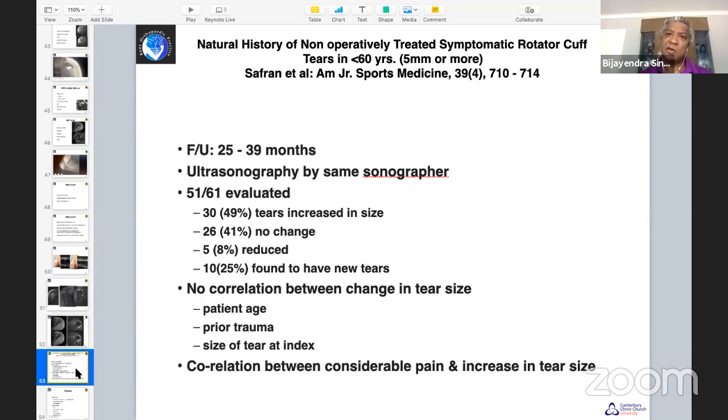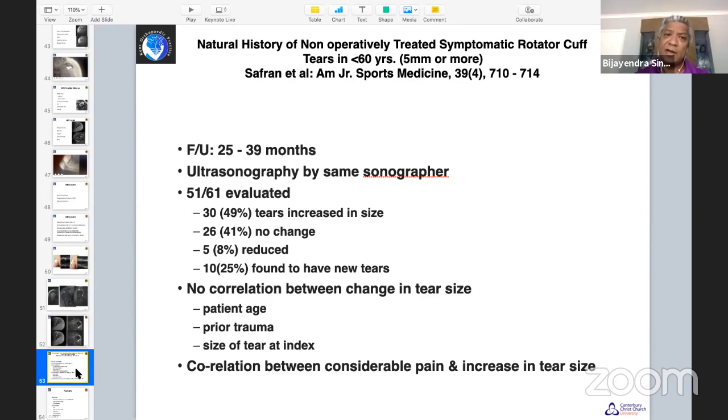It's quite important to differentiate between a symptomatic cuff tear and an asymptomatic cuff tear. Often people will bandy around the asymptomatic cuff tear, but we are not advising treatment for asymptomatic cuff tears. So this study looked at patients under the age of 60 who had a 5 millimeter or bigger tear on an ultrasound.